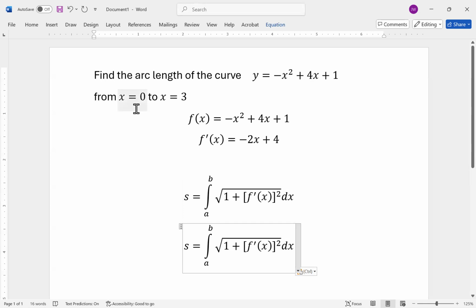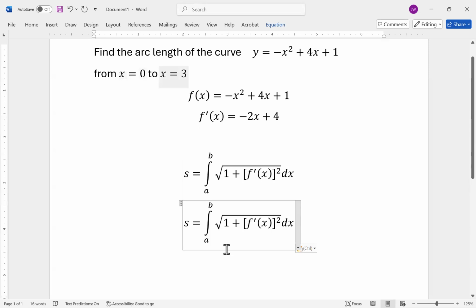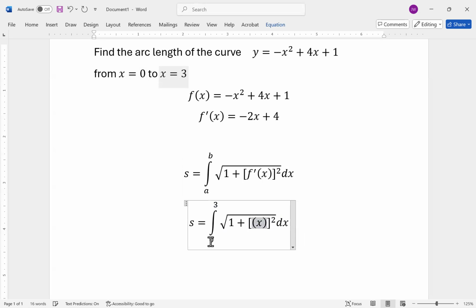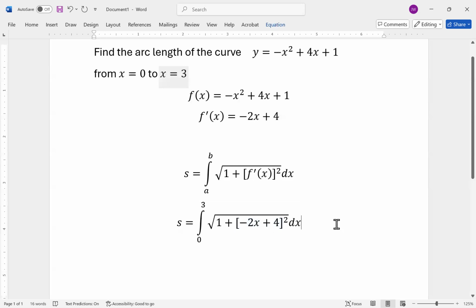We know our bounds are going from an x value of 0 up to 3. And now I see that my derivative is negative 2x plus 4, so I put that expression in for the derivative. Be careful that we have all of the correct squaring.